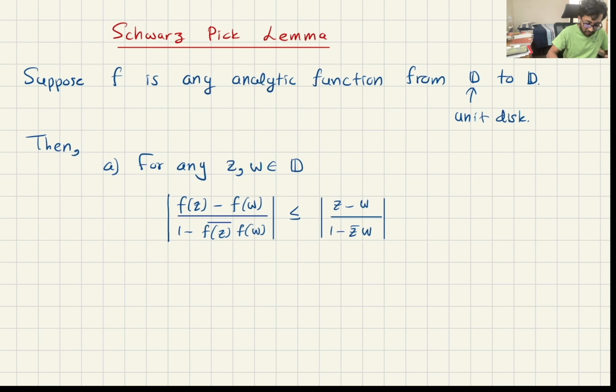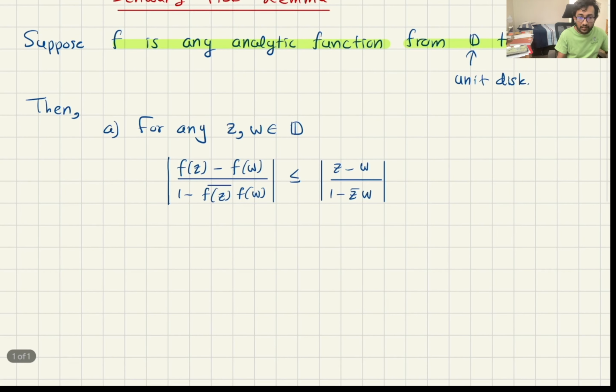What I know is that f is an analytic function from unit disk to unit disk, and I do not have the condition f(0) equals 0. Then what this Pick lemma says is, if you pick any two different complex numbers from the unit disk, then this inequality holds.